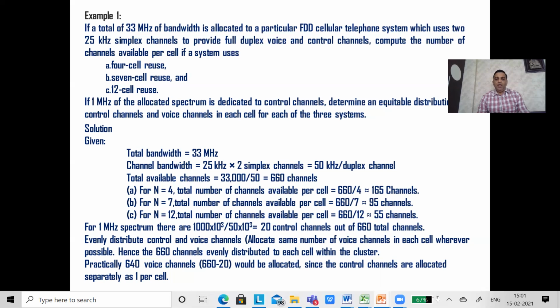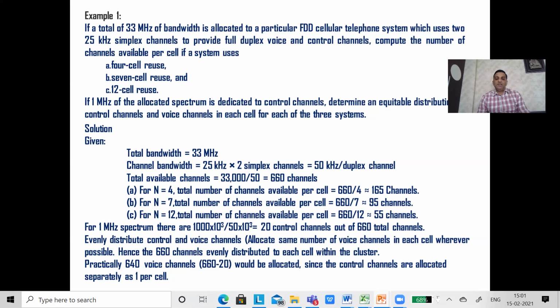So evenly distribute control and voice channels. That means allocate the same number of voice channels in each cell wherever possible. Hence, 660 channels are evenly distributed to each cell within the cluster. That depends on the cluster size, whether cluster size will be 4, 7, or 12.